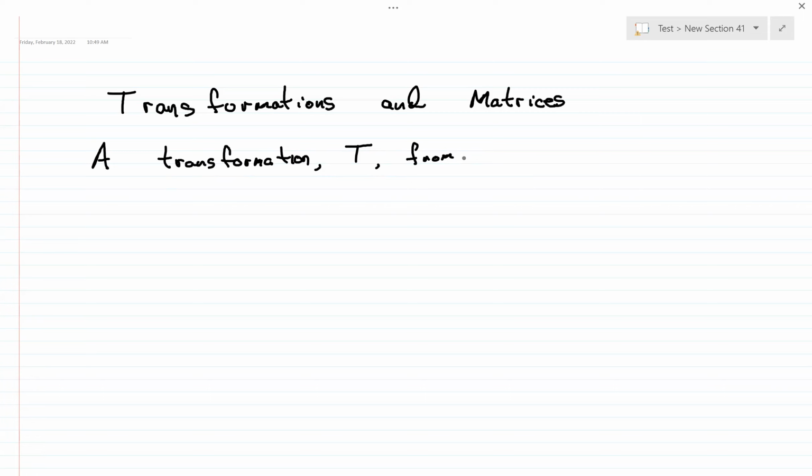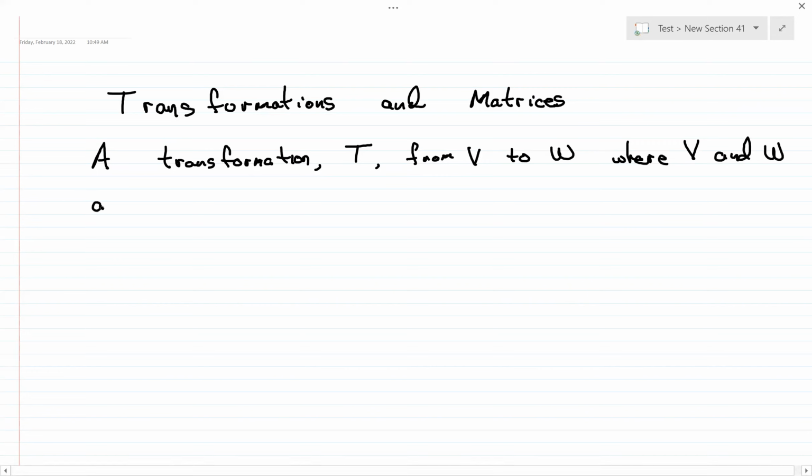So let me use the notation your book is using. So it's a function T from V to W, I guess. Yes, that's their notation. Where V and W are vector spaces.